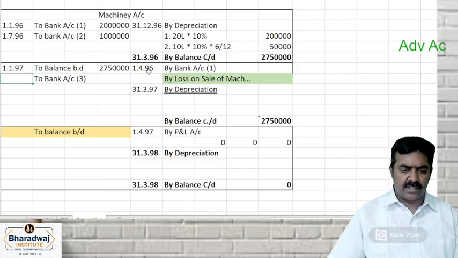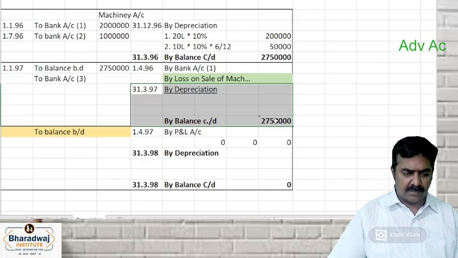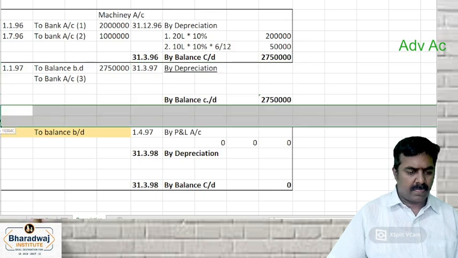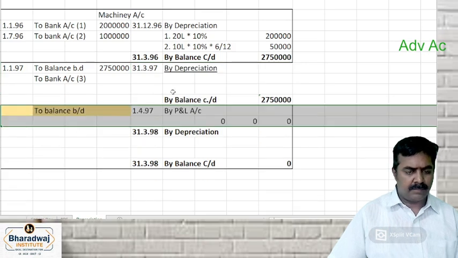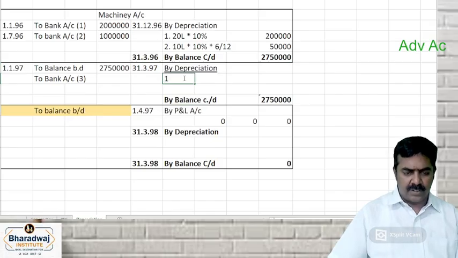There is no other transaction. In 97 there is no other transaction. By depreciation, first machine.